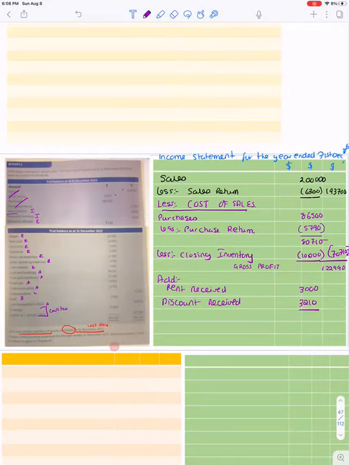When I add both of them, I arrive at a figure 6210. This is addition of all the other extra operational income. So 122,990, add the other income 6210 will give me 129,200. From this I would subtract the expenses.